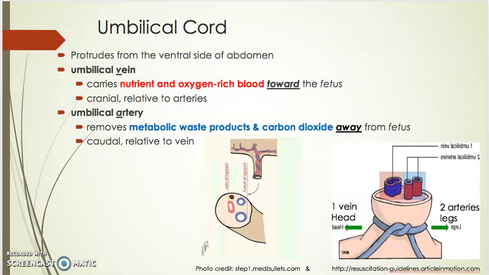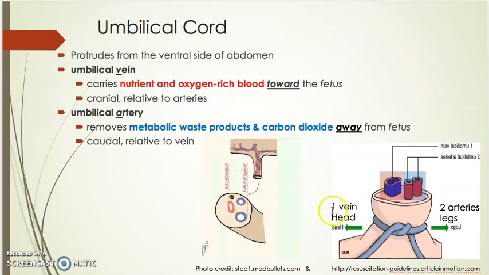You may not think of a vein as bringing in oxygen-rich blood, but the term for vein really is for moving blood toward the fetus heart. And that is what you are doing with this umbilical vein that comes from the placenta. That umbilical vein with oxygen-rich blood that is going toward the fetal heart is here in the umbilicus.